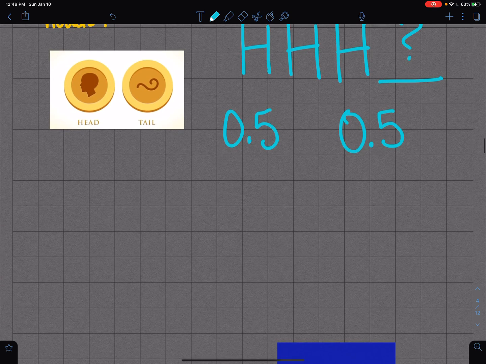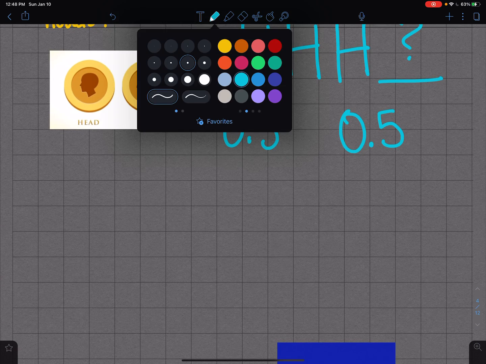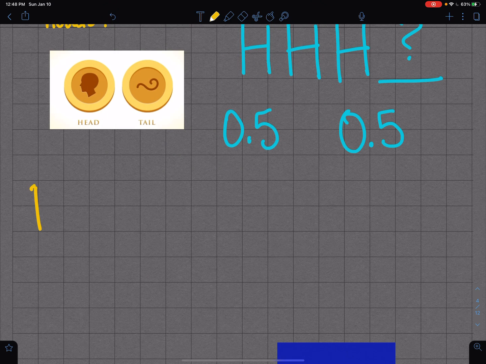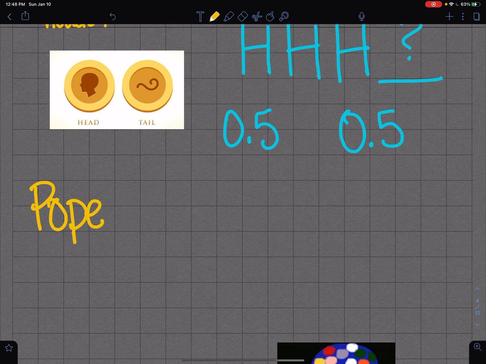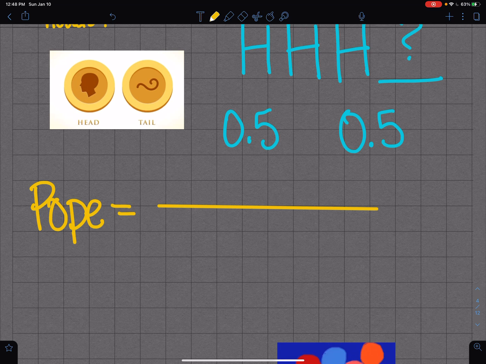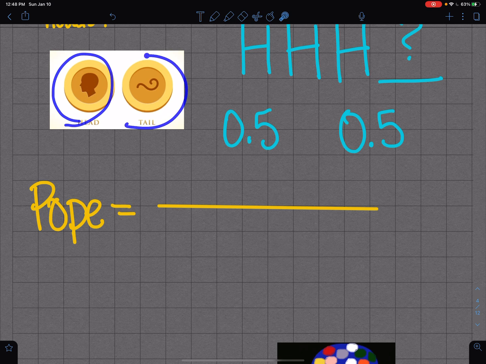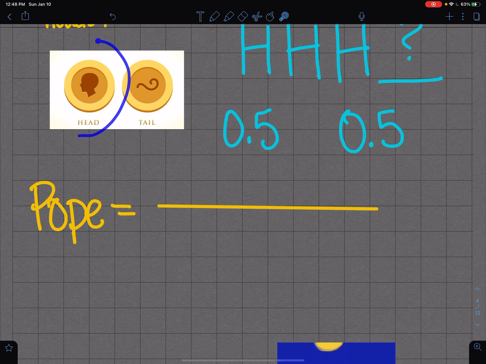So if you want to be sure, let's do the problem. Let's do the Pope. The probability of a particular event is the number of outcomes that satisfy the requirement. So what do we put on top? Well, out of heads and tails, we want to know what's the chance of getting heads. So there's only one chance of getting heads because you've got one coin and one head on one coin, right?